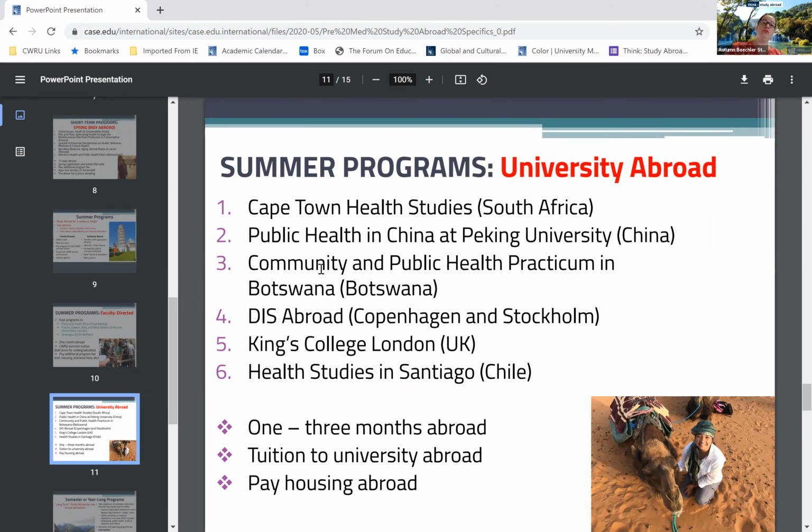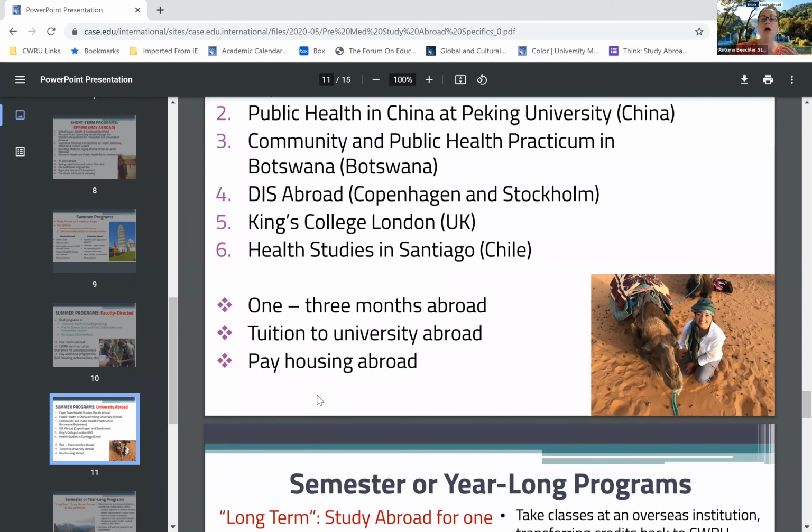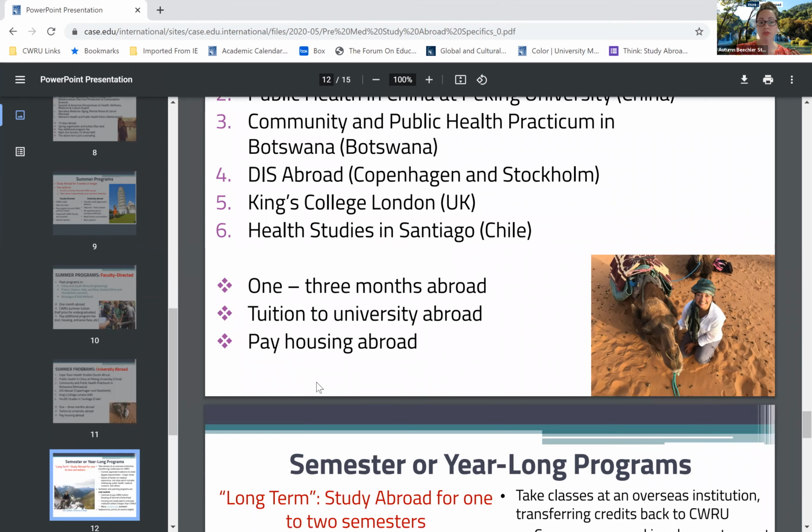The clinical exposure is usually tied to a course credit, and it transfers back sometimes as bioethics, sometimes as public health if you have that as a minor, anthropology, biology, it depends on what it is. So it is a class and you do get credit for it. And in that way, it's also transcripted. And then there are also other classes that you take in addition to that one.